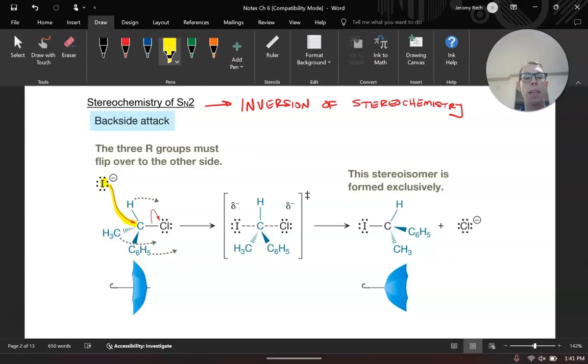So all your other groups are going to be flipped over as that leaving group leaves, and you therefore get the stereoisomer. If something was an R, when you do an SN2, it's going to become an S. You get this flipping of an umbrella that they show down here at the bottom. That's going to be a really important consideration that you're going to see in SN2.